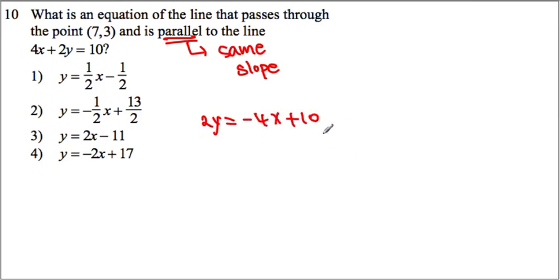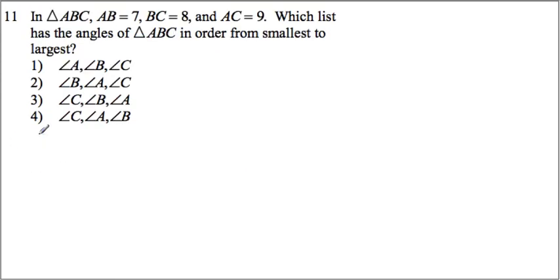Now, by dividing by 2 on all three sections, y must be equal to negative 2x plus 5. And here, you will realize that negative 2 is the slope. In fact, there's only one equation that has negative 2 as a slope, which will be choice number 4. Let us look at number 11 here.